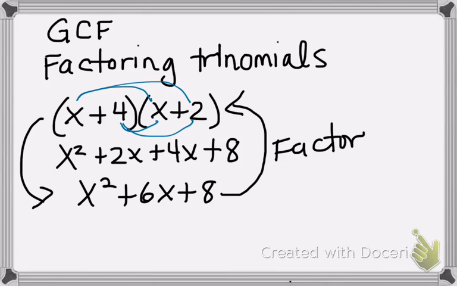So for the first example, we're going to do x squared plus 7x plus 12. And this is where our big X comes in.